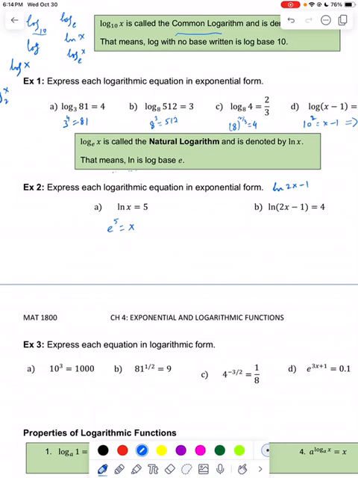So this is one term, and this is something subtracted from that. Don't assume there are parentheses if there are none. So this will become e, because the base is e, to the 4 equals 2x minus 1.